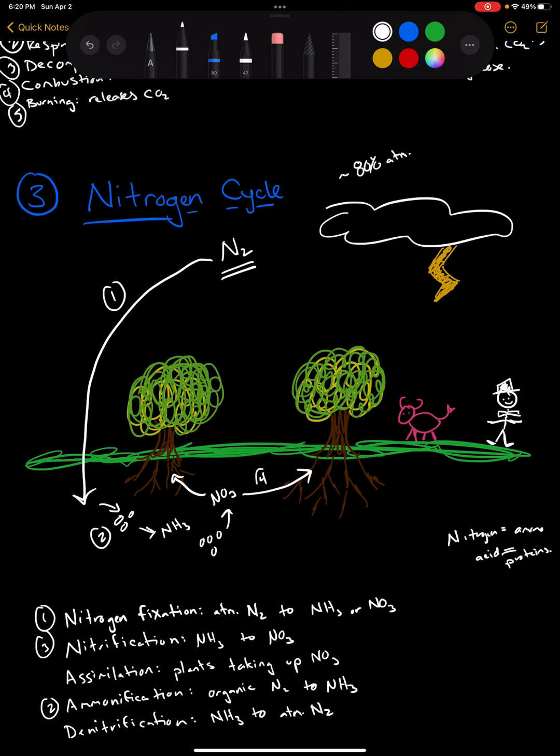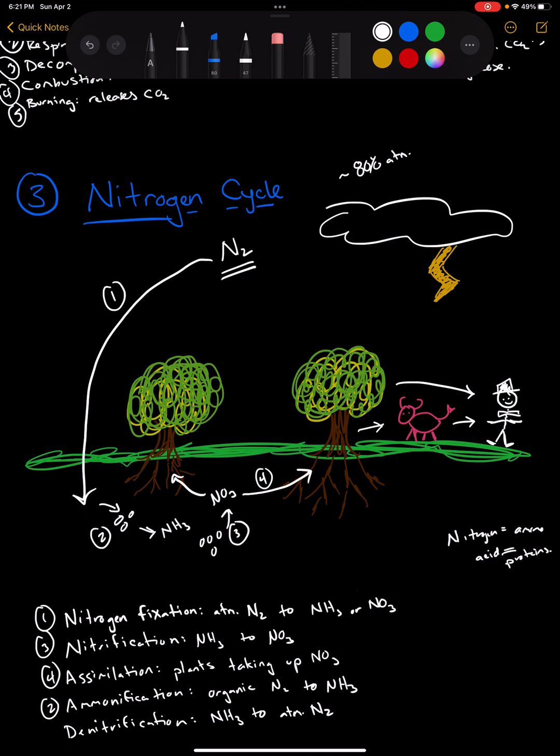Assimilation is when I get to take my nitrates up through plants. Then the plants can start turning them into amino acids and stuff, and organisms can eat those plants to get nitrogen. Either the cow can eat the plant, or we can eat the plant, or we can eat the animals that eat the plants, and that's how we get our nitrogen.